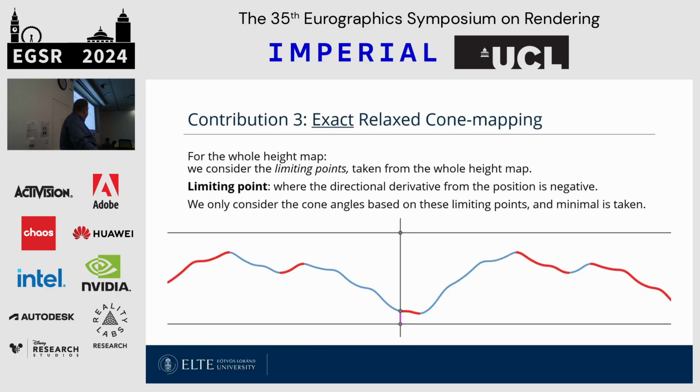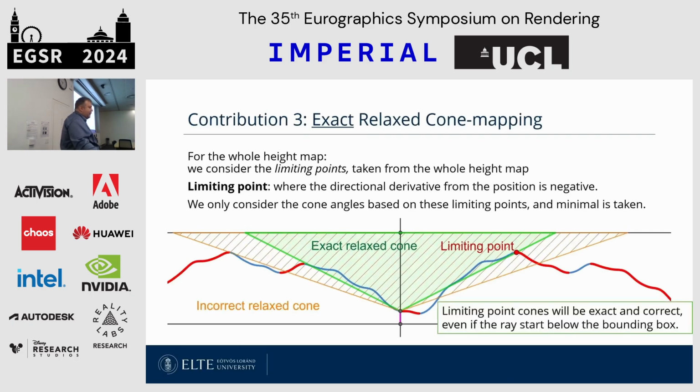For a specific point of interest, we take its limiting points, and we choose the minimal one which is not connected to the point of interest, and we take the minimal cone angle for that, and this will be the exact relaxed cone.